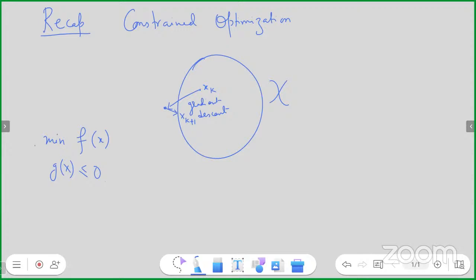Why are you even doing this incrementally? Why not just choose an arbitrary large lambda one time? Sorry, could you repeat the whole question? I want to repeatedly solve unconstrained problems to solve this problem.